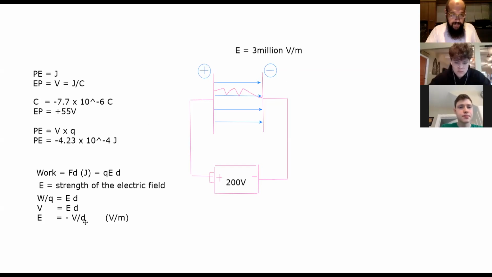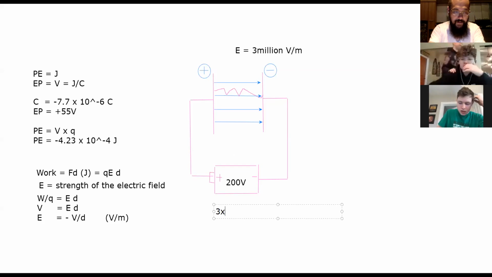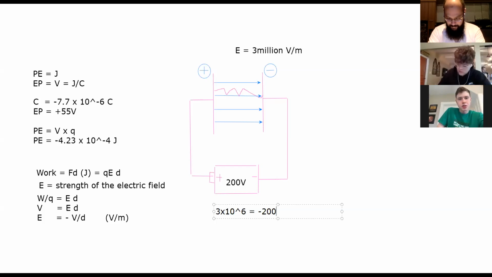So if I don't know the distance, and I know my E and I know my V, we just plug it into the equation. Very simple. Okay, so my E is 3 times 10 to the 6, and that's going to be equal to 200, divided by the distance between them, which we don't know.